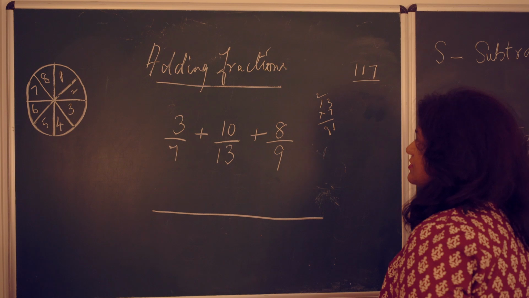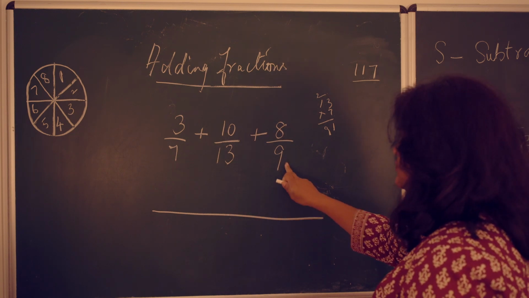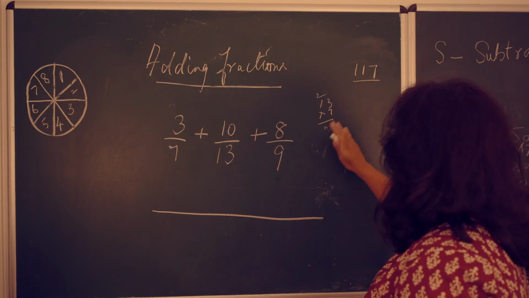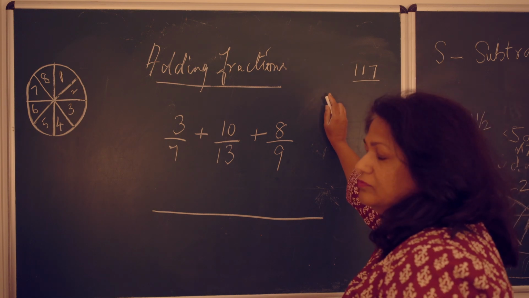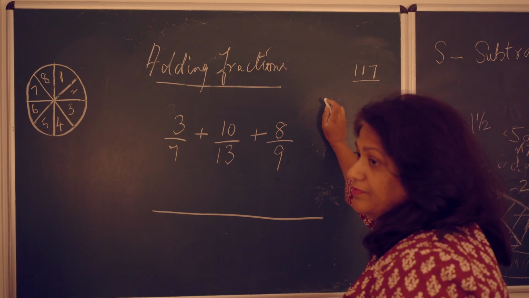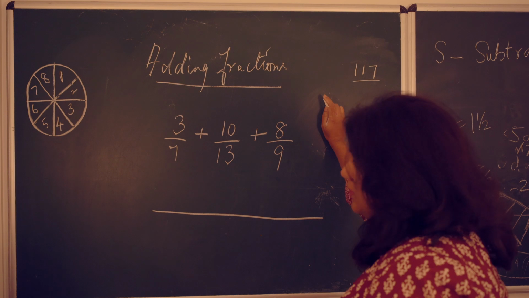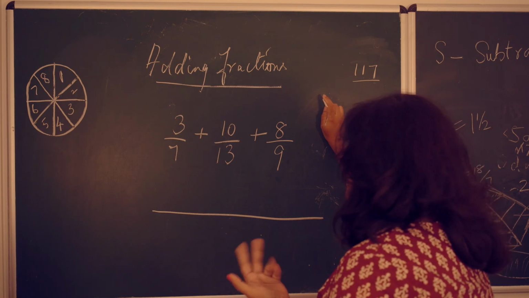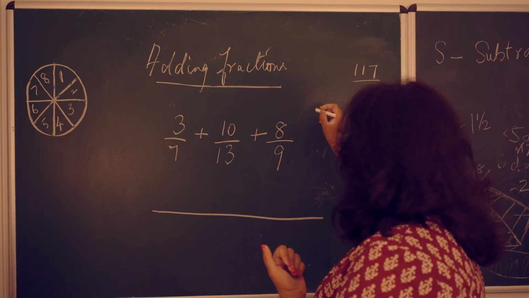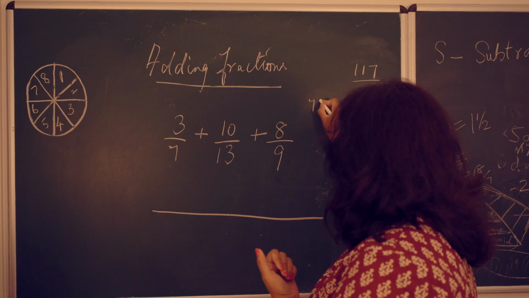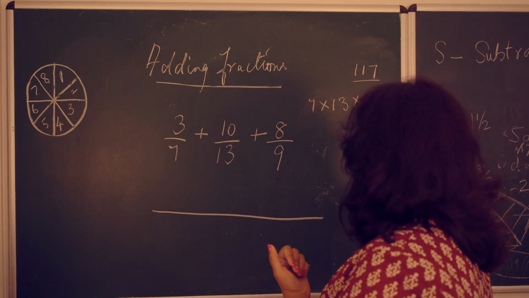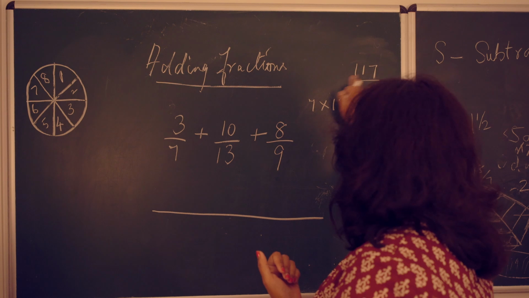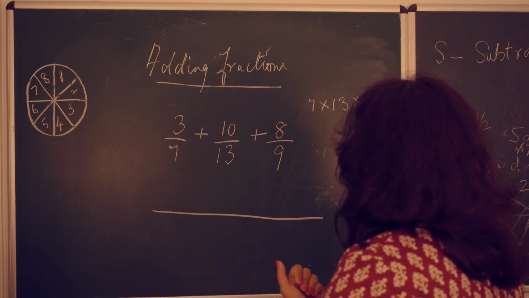They're all prime numbers, so it's a bit difficult. And 9, of course, is not a prime number. 13 is also a prime number. 7 is a prime number. But anyway, one of the ways would be 7 times 13 times 9. This is the easiest way to look at it.